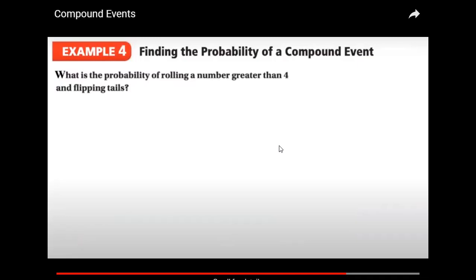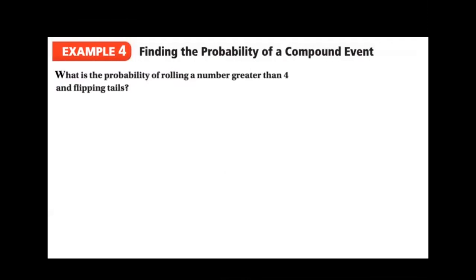What is the probability of rolling a number greater than 4 and flipping tails? So finding the probability of a compound event: at the beginning, you are going to express how many numbers are greater than 4 on a die.